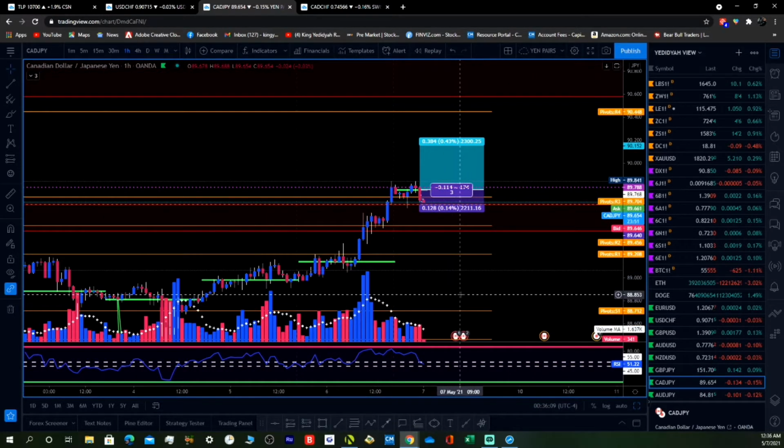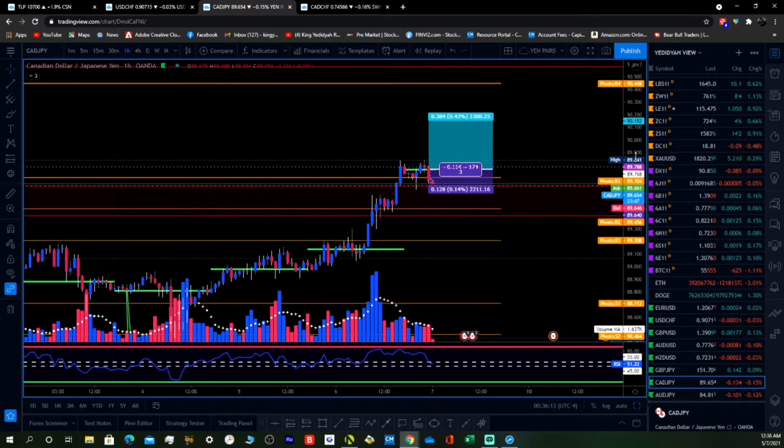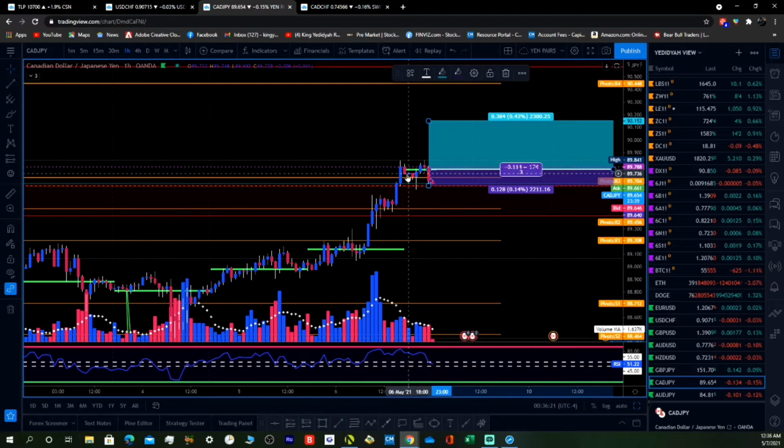So yeah, that's my trade setup right here. I actually was taking this for the break out of this level here, and I think I came in around this area here. Yeah, somewhere around here. So I didn't just start this position here, I started this position like around 8 o'clock.